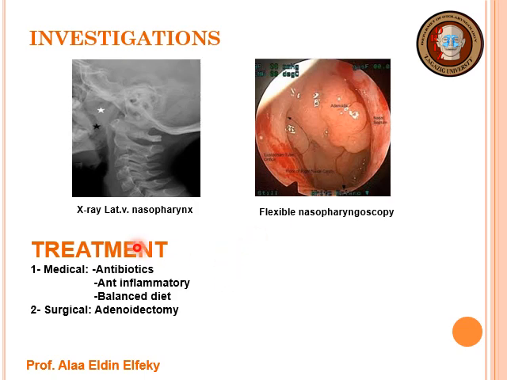What about the treatment? Sometimes there are mild cases and patients or children below 1 year of life. These patients, we can give medical treatment in the form of antibiotics to treat infection. We can give anti-inflammatory to decrease the size of the adenoid, and we give balanced diet to prevent malnutrition and to increase the immunity.